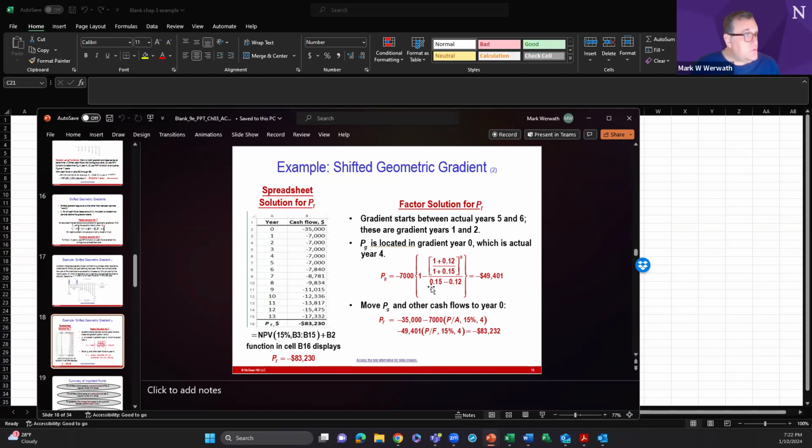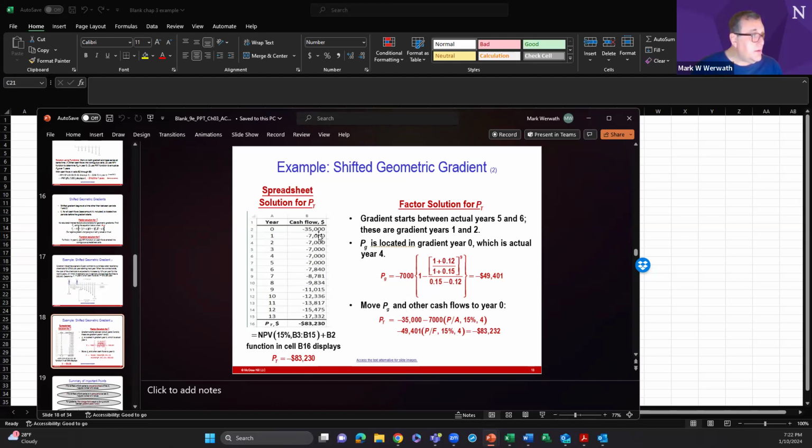The factor solution basically says you've got the gradient portion of the curve, which is 9 years, starting at $7,000. So this is PG, the net present value of the gradient. PT for the year zero is the negative 35,000.